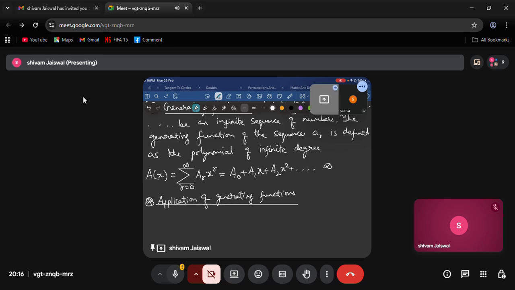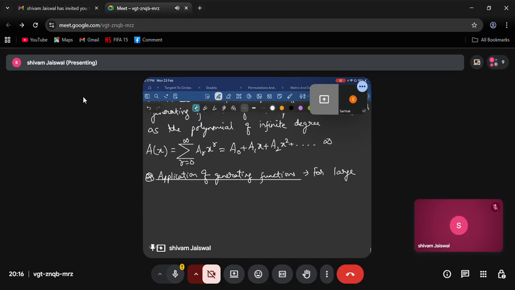So for a large number of selections, whenever I want to calculate a large number of selections of objects, pay attention, we use generating functions.